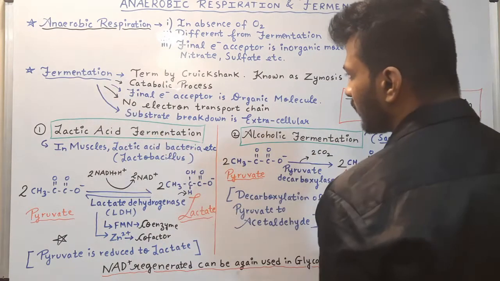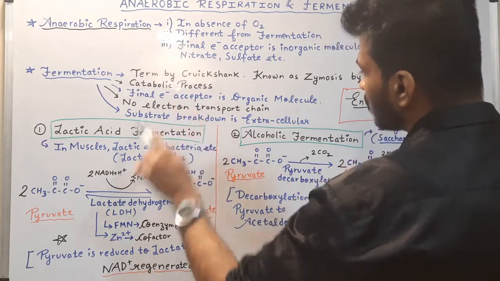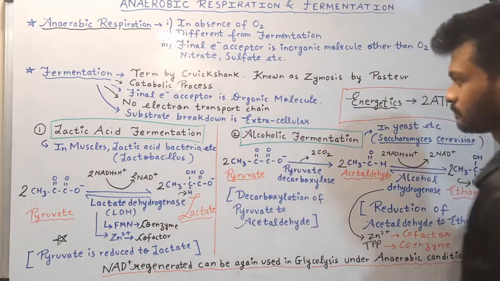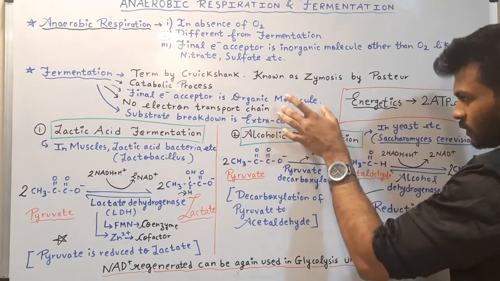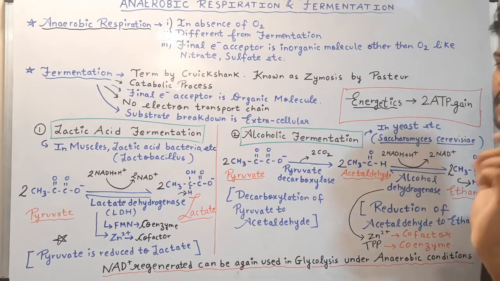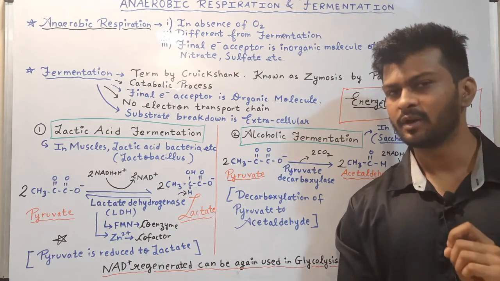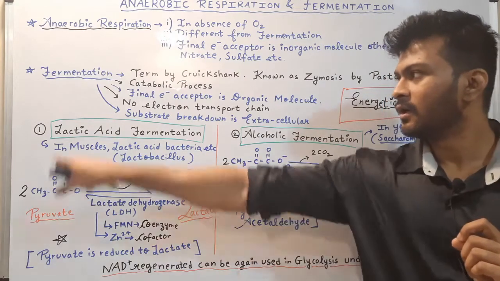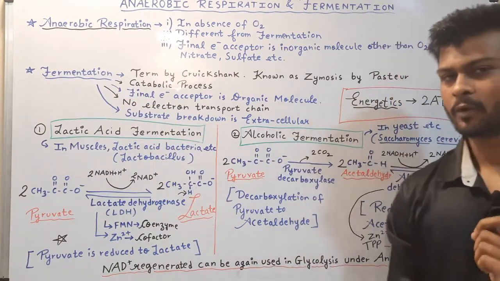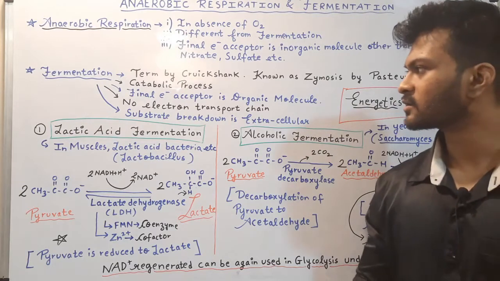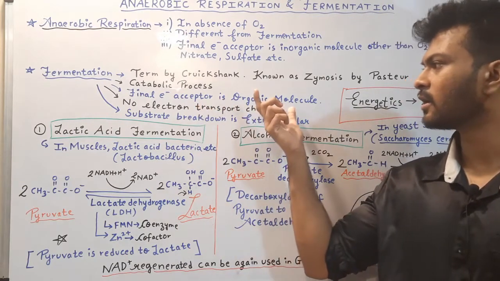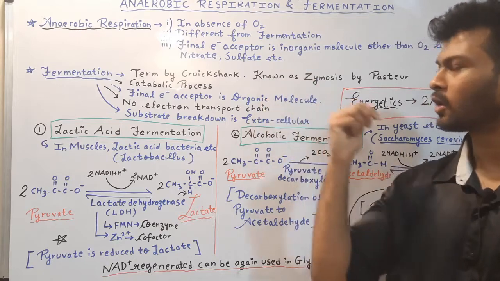In fermentation, the final or terminal electron acceptor is organic molecule. This was also asked in CSIR net part C question because in unit 12, that is applied biology, there is fermentation chapter. From that it was asked whether the final electron acceptor in fermentation is organic molecule or inorganic molecule.